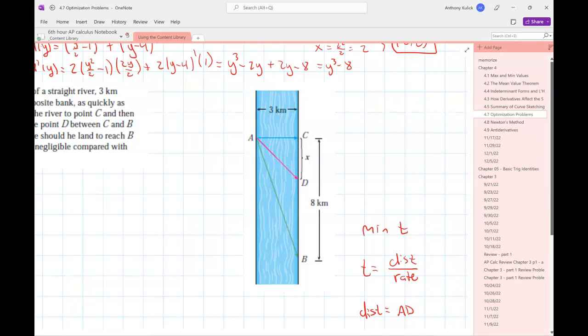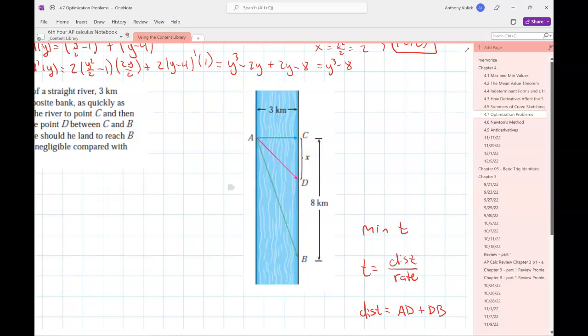We need to go AD plus DB, where that point D can vary between C and B. Everybody agree with that? So I get asked for 3 possible options. Then it says the third option is infinitely many.